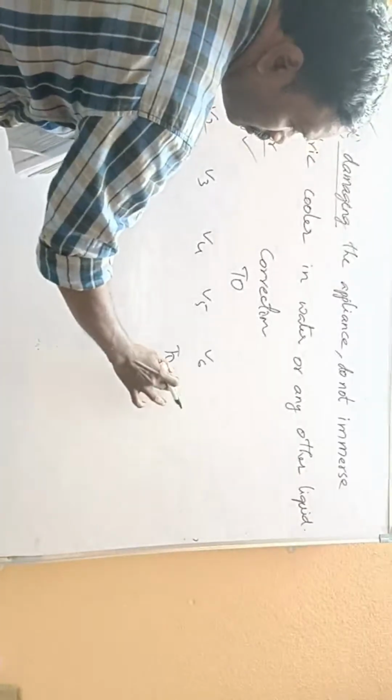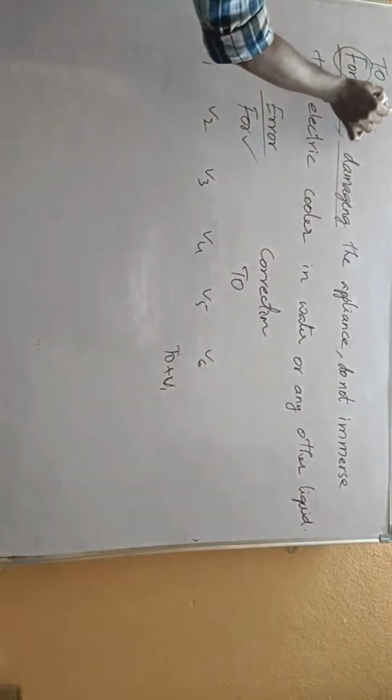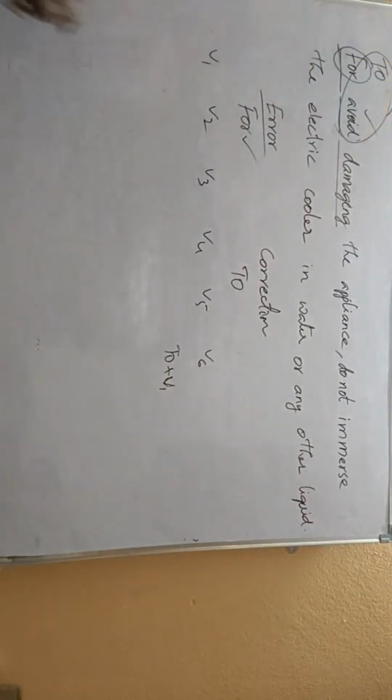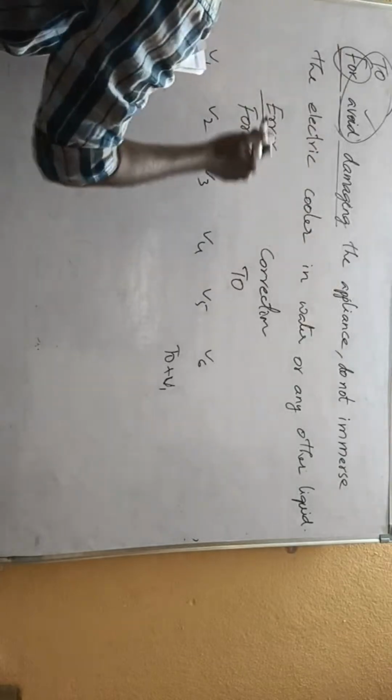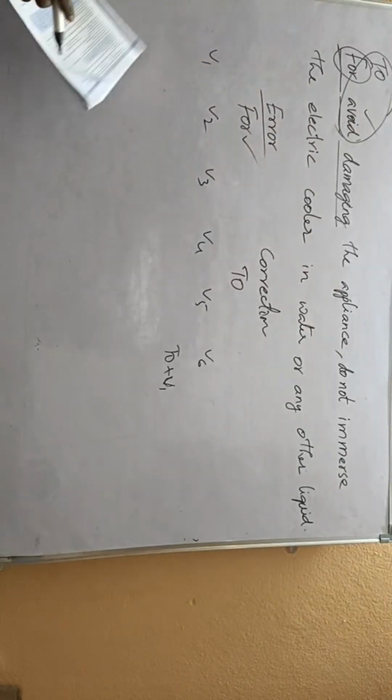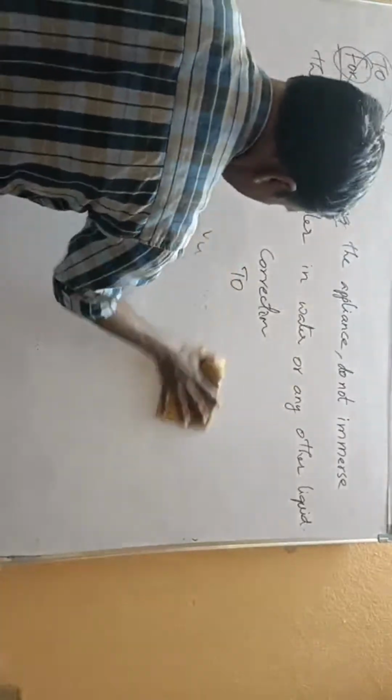To plus V1 is the 6th form, infinitive form. So we have to write here the infinitive form of avoid. To avoid damaging the appliance, do not immerse the electric cooler in water or any other liquid. Next.